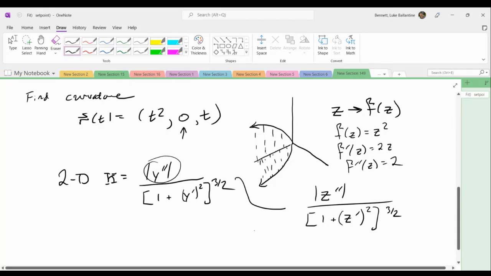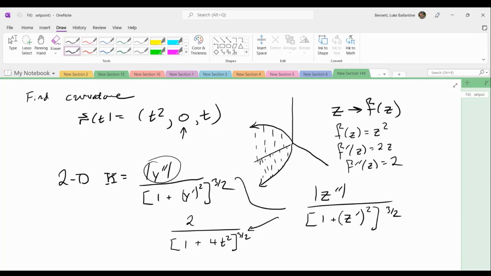So then our formula will give us 2 divided by (1 plus 4z squared) to the 3/2. The z is really t, so I'll just put t. And this should give us the same thing as their work.